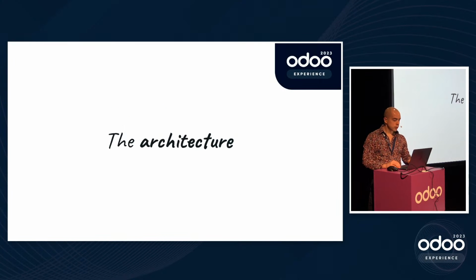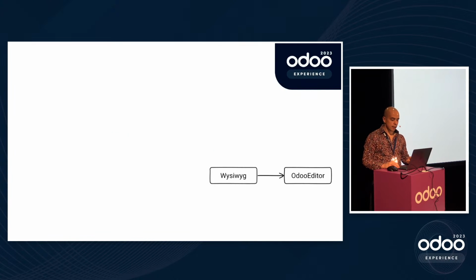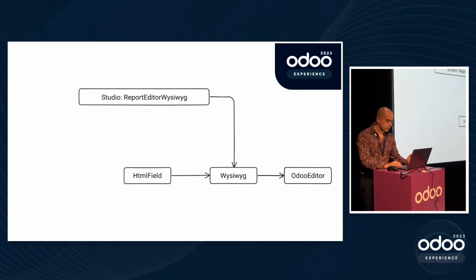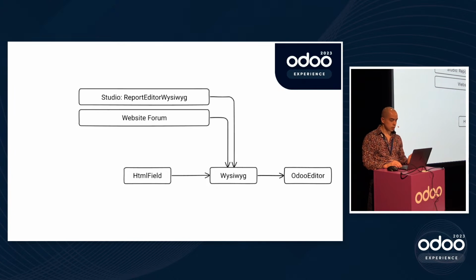And now we are going to see the architecture of the editor. We have two important classes: the Odoo editor and the WYSIWYG class. The WYSIWYG class is called by the HTML field. It is also called by the report editor. It is called by website forum.